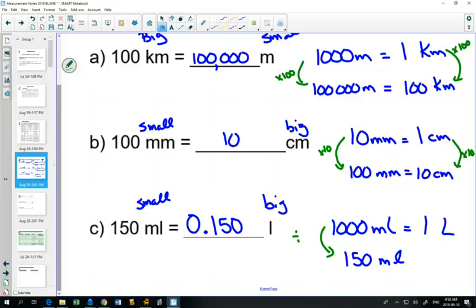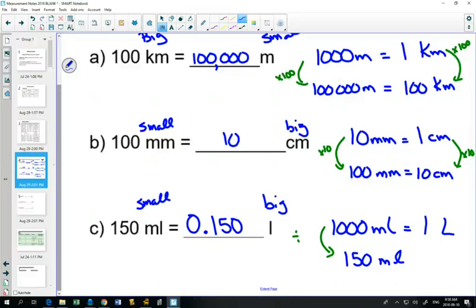No, it's not an easy mental math thing to do. I can write it as a fraction for you if you like. Can you do it in multiple steps? You could do it in multiple steps, and that's not a bad thing to do. The number that we would put here is going to be, we actually divided by 1,000 over 150, which is not a nice number to put.